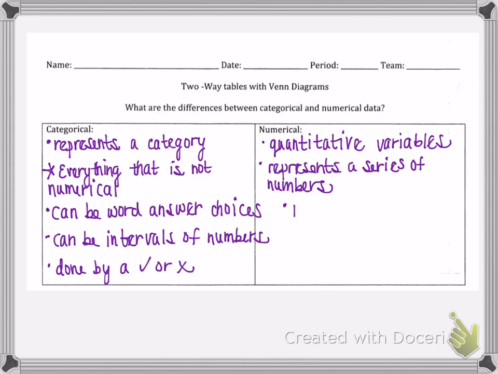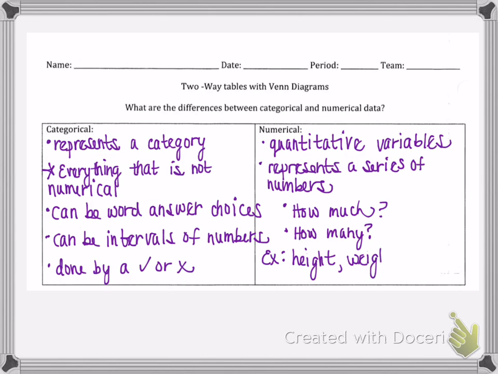It answers the questions how much or how many. Some examples here would be things like height of surveyed people, weight, distance, speed, or maybe population. There's an infinite number of possibilities here.